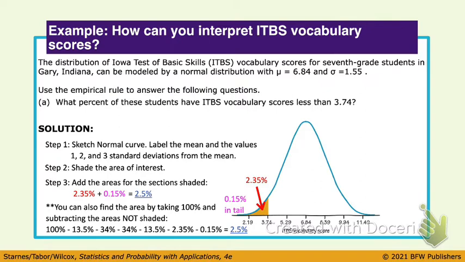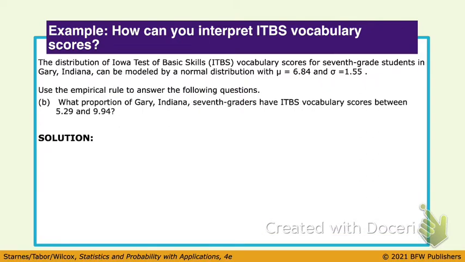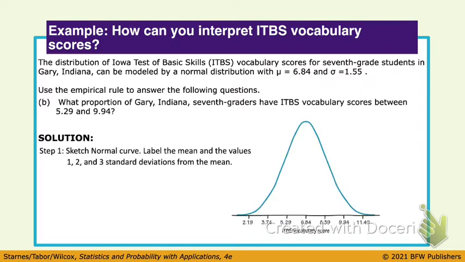Okay, let's do another problem. What proportion of Gary, Indiana 7th graders have ITBS vocabulary scores between 5.29 and 9.94? So it's the same distribution with the same X values. You guys are going to get so tired of drawing a normal distribution.